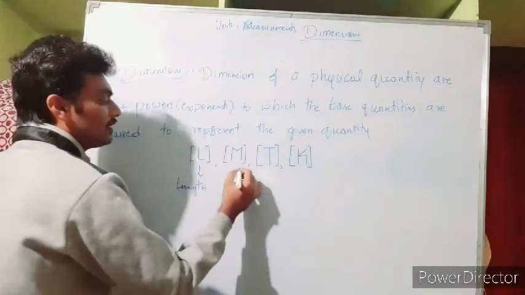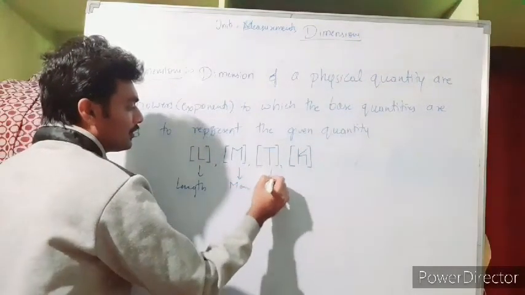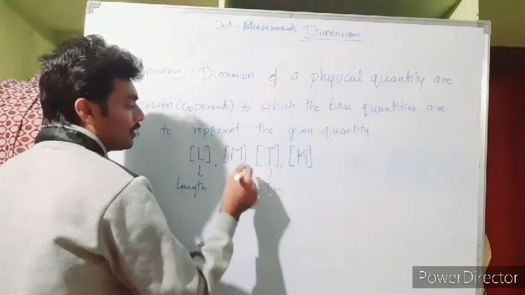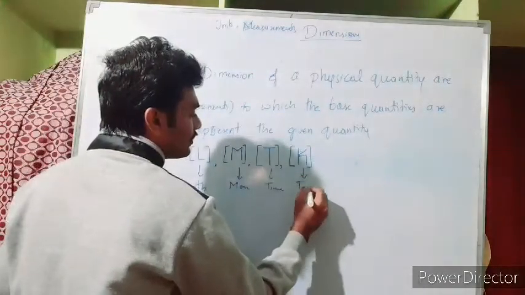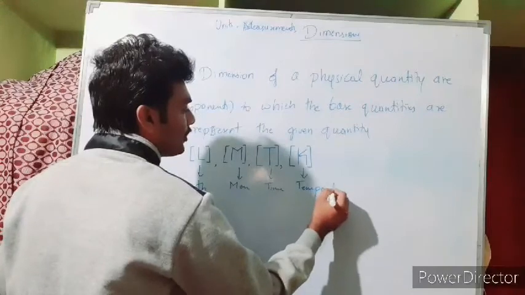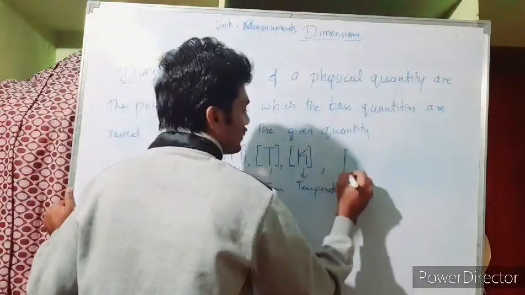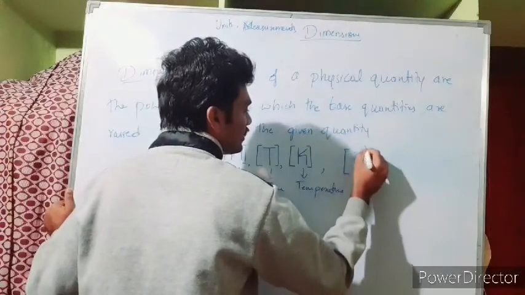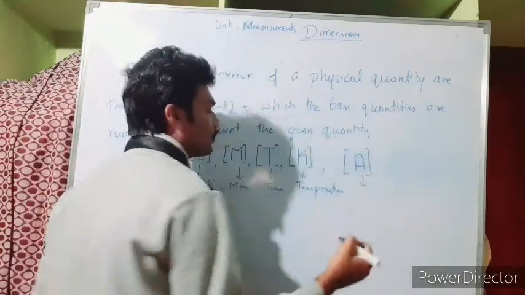Dimension of length is capital L, mass is capital M, time is capital T. For temperature, it is capital K in square bracket, and for current, it is capital A in square bracket.